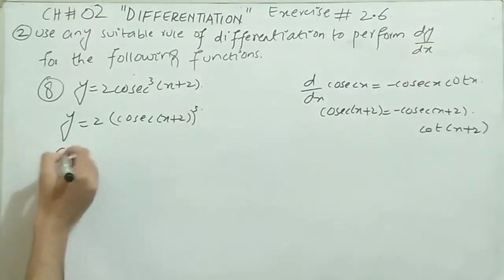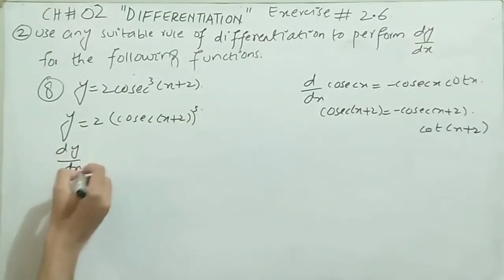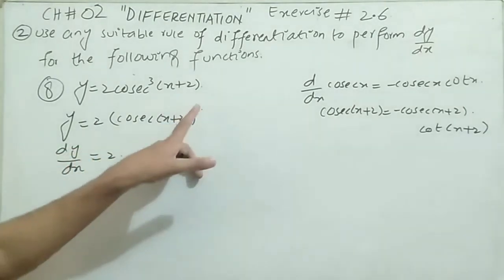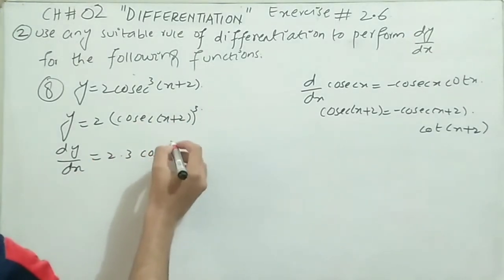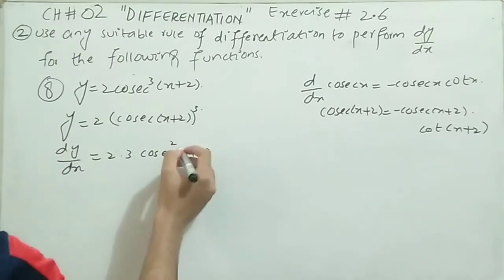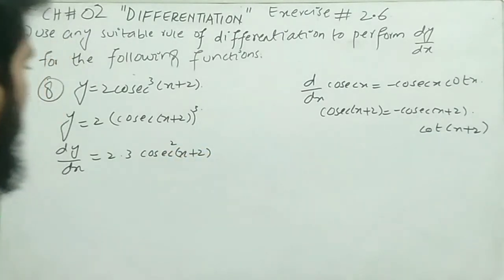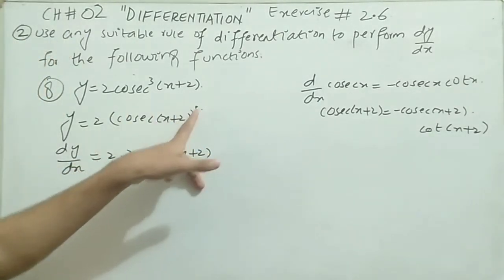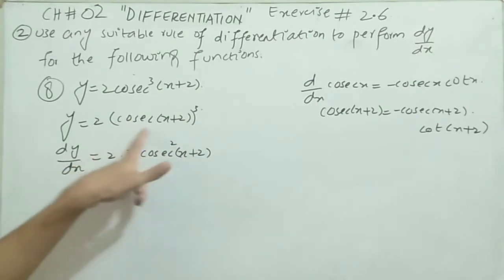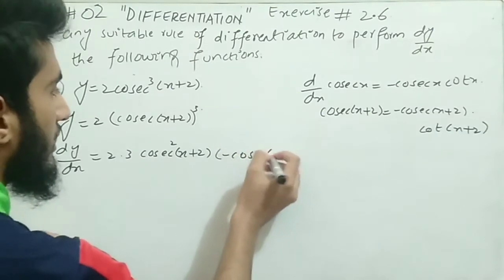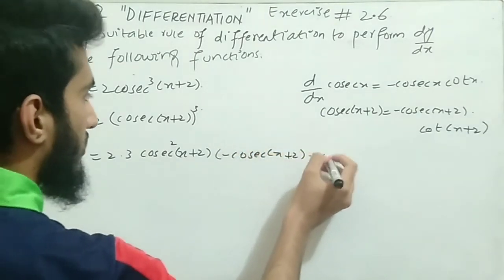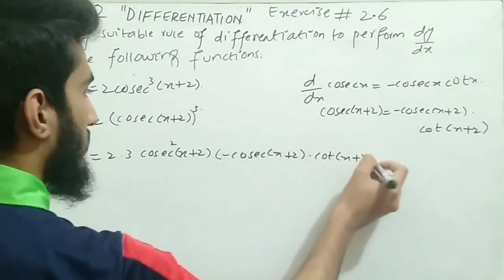First we will use the generalized power rule of differentiation. dy by dx will be equal to 2 times 3 coming to the front and subtracting 1 in the power, so it becomes cosecant square of x plus 2. The derivative of cosecant of x plus 2 is minus cosecant of x plus 2 dot cotangent of x plus 2.